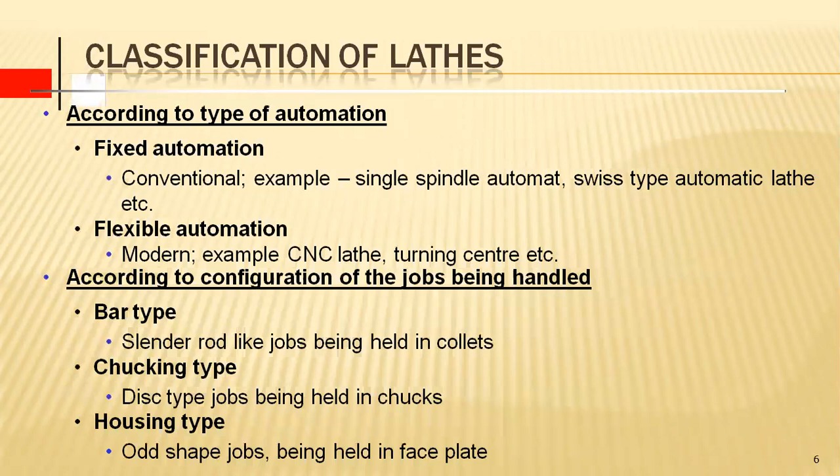According to the type of automation: fixed automation and flexible automation. Fixed automation is entirely the manual working process, and flexible automation is related to CNC operations, as we have discussed, existing with complete automation technology as in robotic technology, which works with different links in a programming strategy.